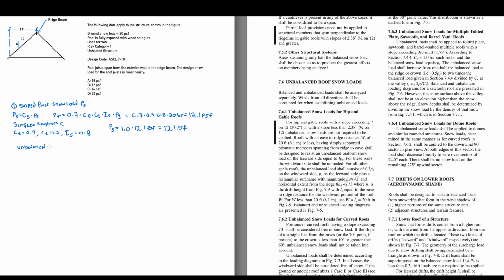So our unbalanced snow load is equal to I times PG, and we already calculated our I is equal to 0.8 times PG of 20 PSF, and that's going to be equal to 16 PSF.